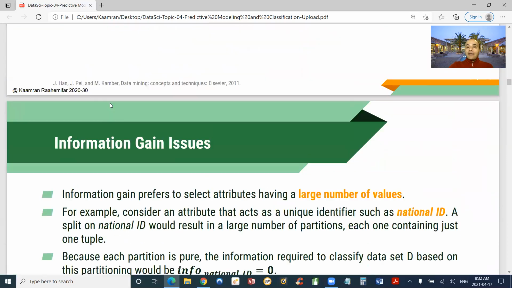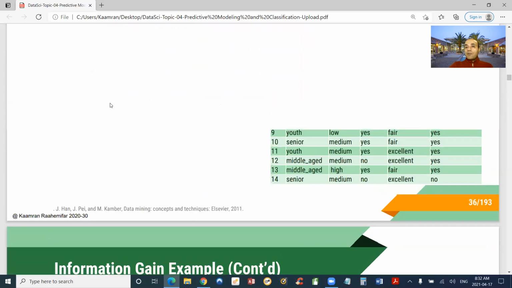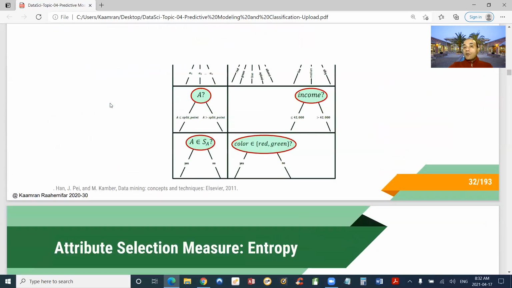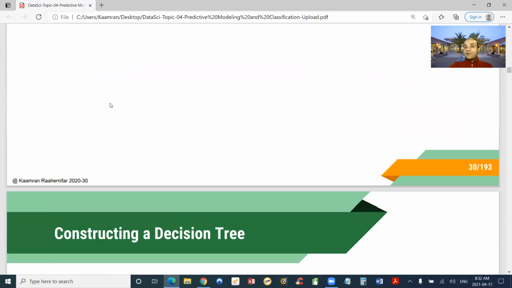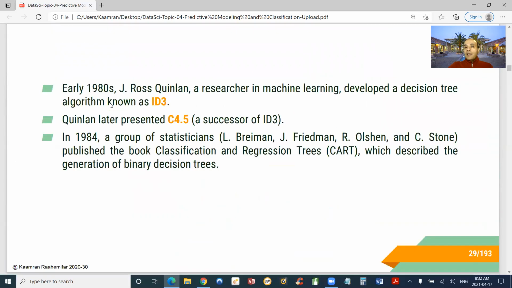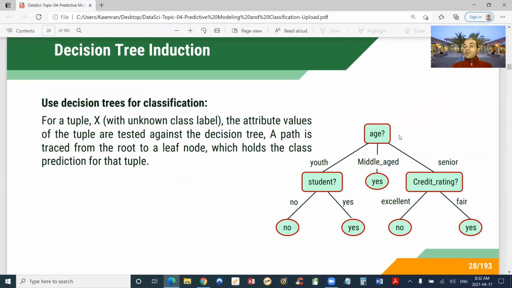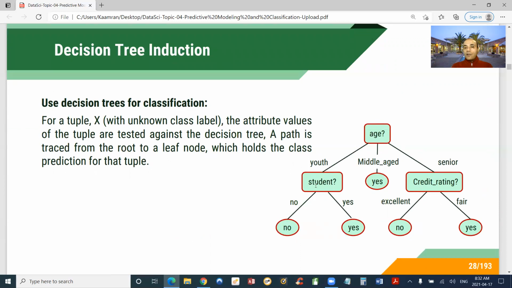And that's, I hope, the way it is in my original tree, the example we started from. If you take a look at my example, we said age. After age is out of the picture, you know it is going to be the root node. You're going to go into the student and repeat the process. You're going to do the credit rating and repeat the process.